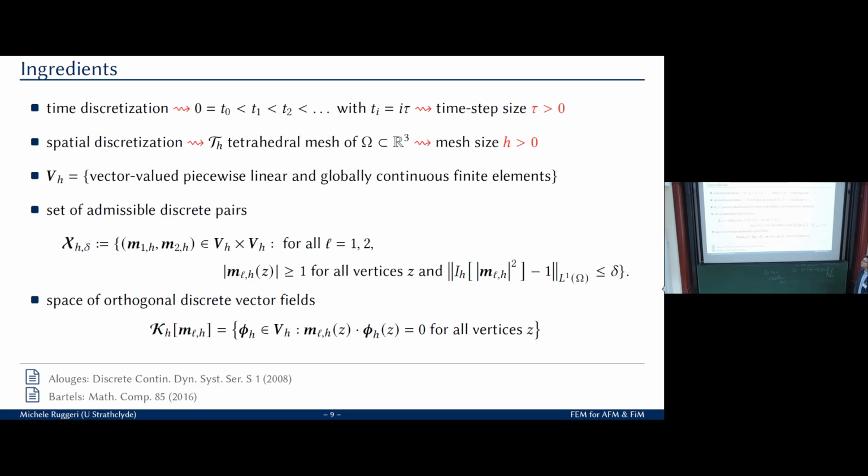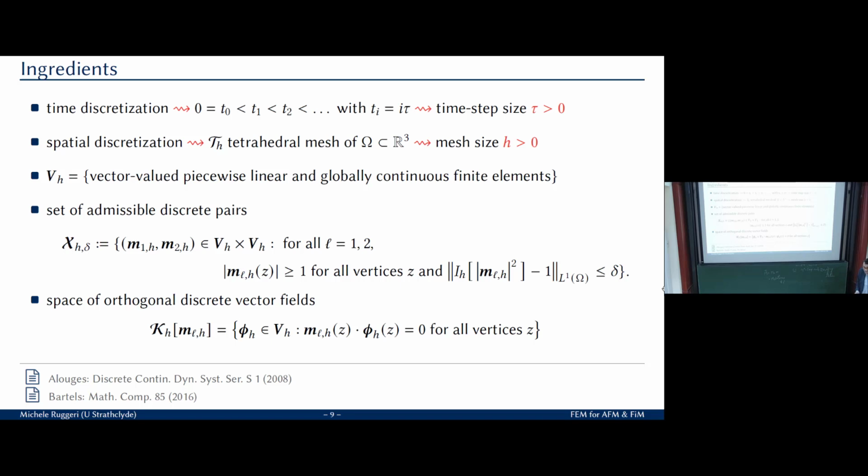Before, I introduced two spaces: X, which was the set in which I was looking for minimizers, and K, which was the space of orthogonal vector fields. And here I introduced two discrete counterparts of them. So X_{h,delta}, you see an additional parameter delta here, is the set of pairs such that each field is a finite element function, and you see that the unit length constraint is introduced in this way.